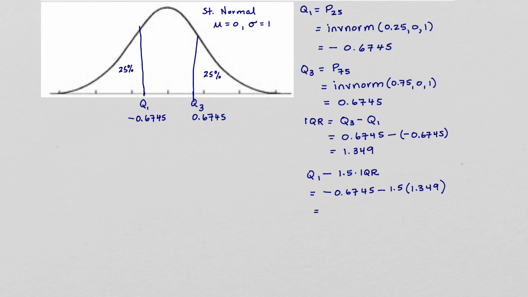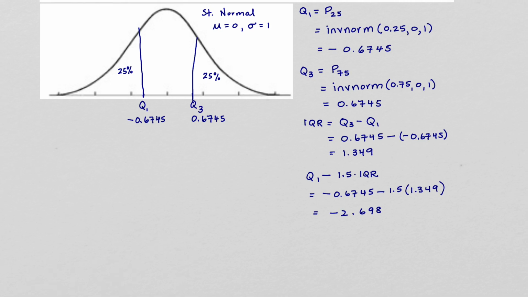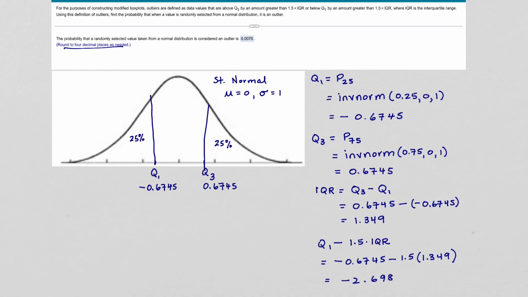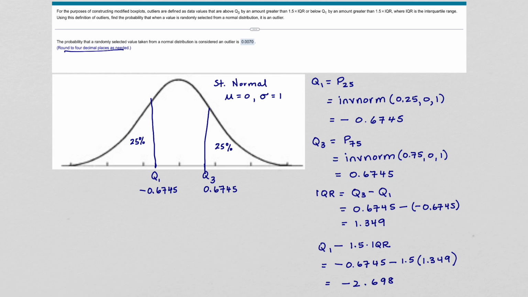And that gives me negative 2.698. Okay, so where is this on my distribution now? That's going to be roughly here. Negative 2.698. And so similarly, we can find our upper boundary by just making that a positive 2.698.